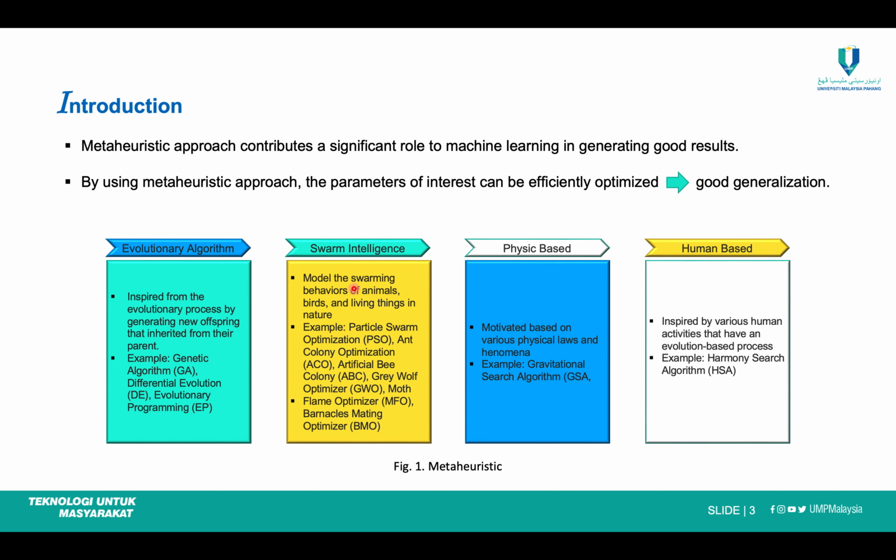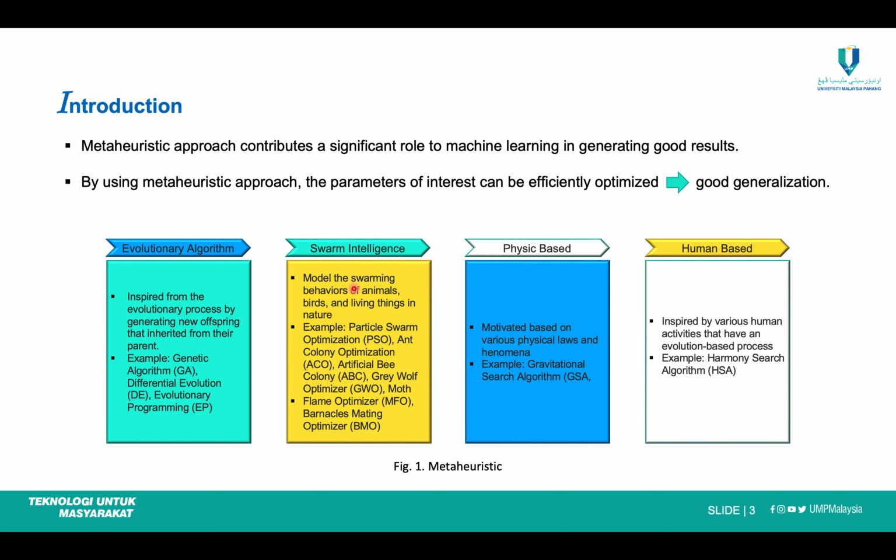So basically, metaheuristics can be categorized into four major groups. The first one is the evolutionary algorithm. Basically, the EA consists of algorithms inspired by the evolutionary process that generates new offspring which inherit from their parents.